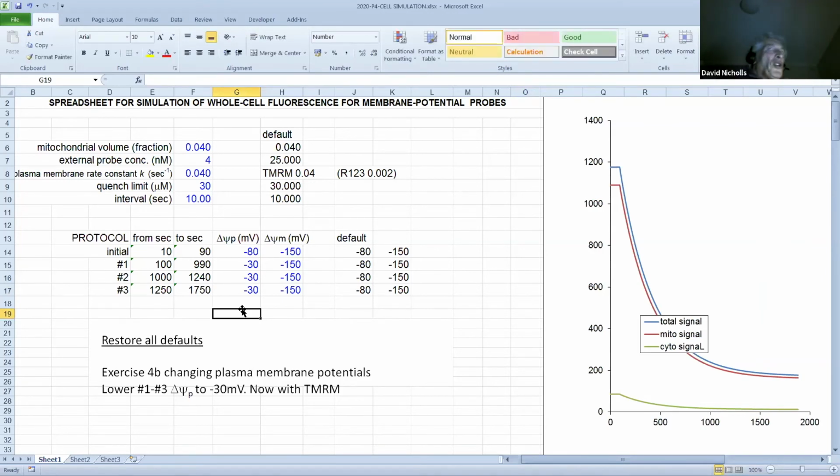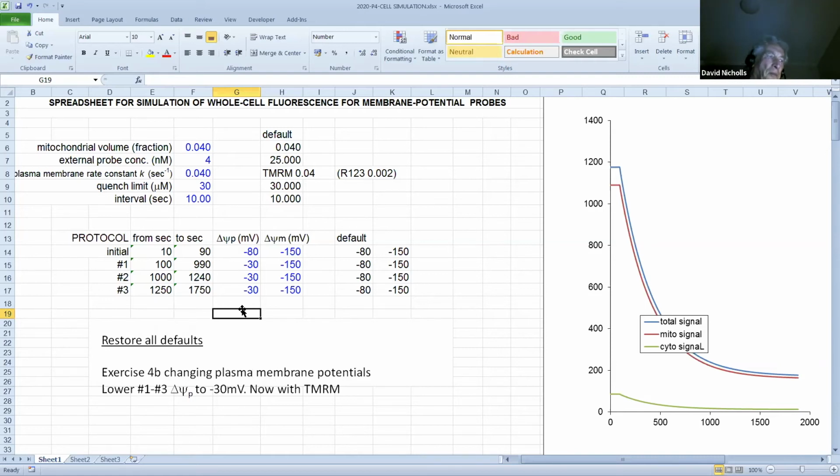So the point I'm trying to make is we have an ambiguity. The ambiguity is how do you know which membrane you're depolarizing, whether it's the mitochondrial membrane or the plasma membrane, in non-quench mode? And the answer is you very frequently don't, unless you have very clear ideas of the sort of experiment you're doing. So one of the problems with non-quench mode is that it does not distinguish between changes in plasma and mitochondrial membrane potential.